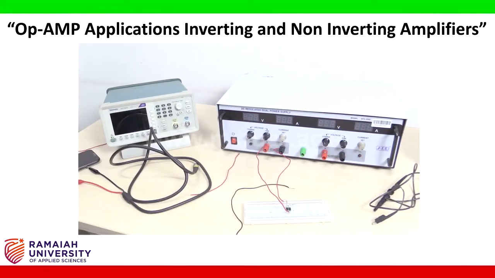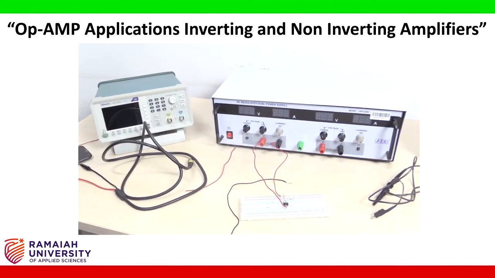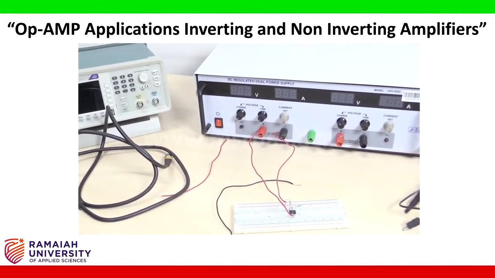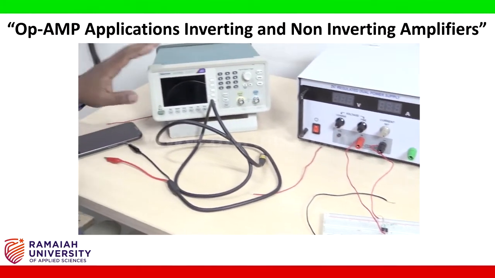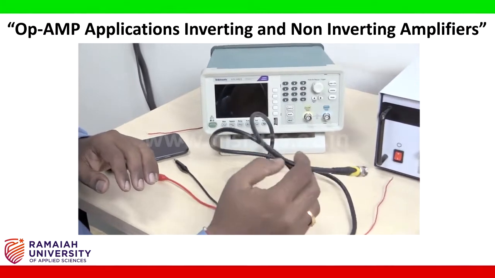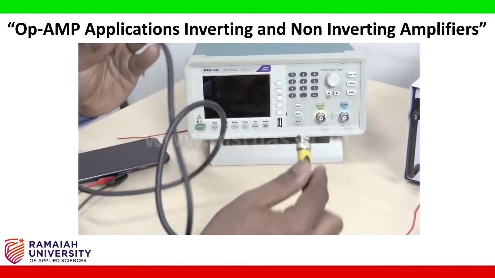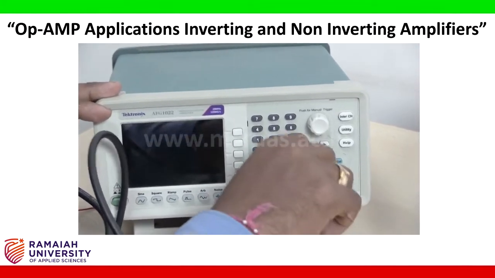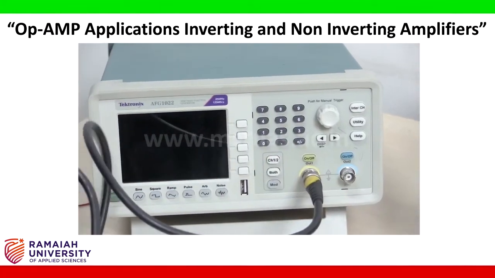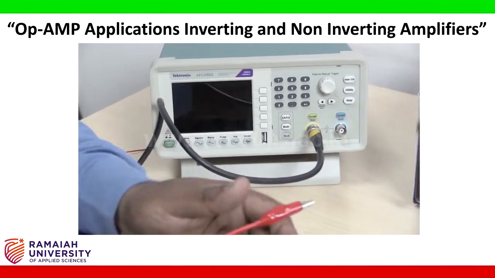After connecting the DC regulated dual power supply to the circuit board, we must connect the input. The input is given by the signal generator, which will be connected using the probe. I am going to connect this to any one of these terminals. The positive and negative terminals I need to connect.